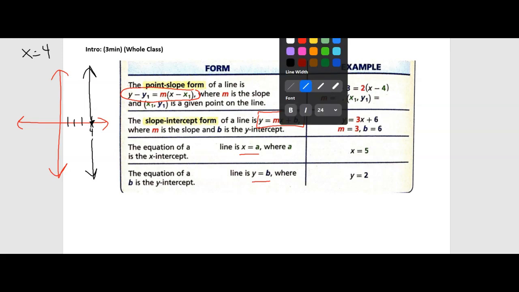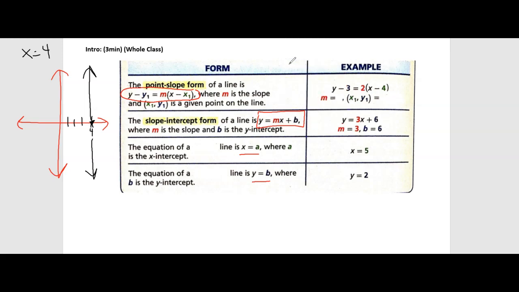If I wanted to do the line, actually let's do red again to keep it consistent. If I wanted to do the line y equals 2, well, that would be a horizontal line through 2 on the y-axis.